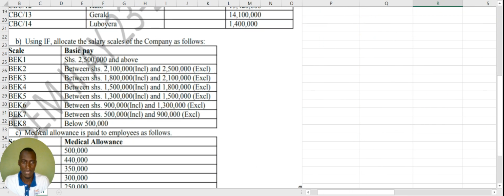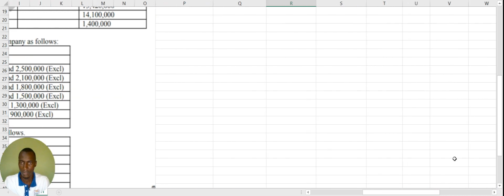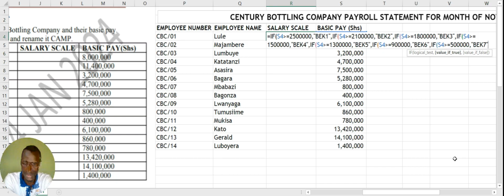Then BEK8, that is below 500,000. So anything below 500,000 will be BEK8.